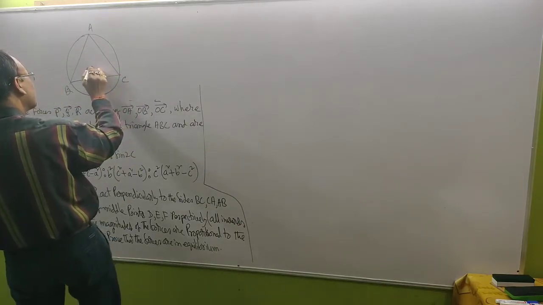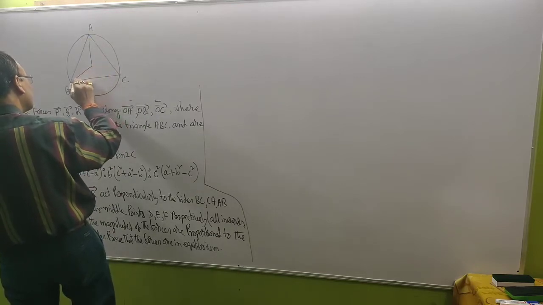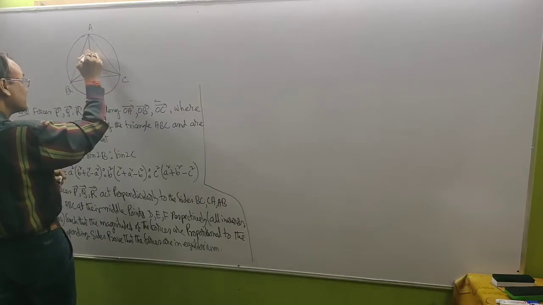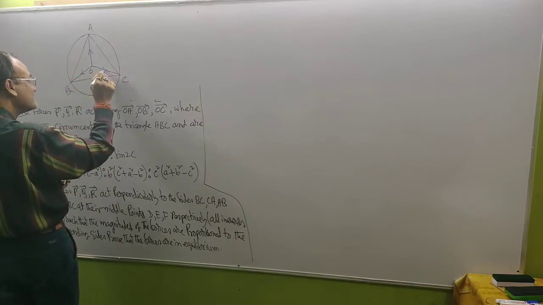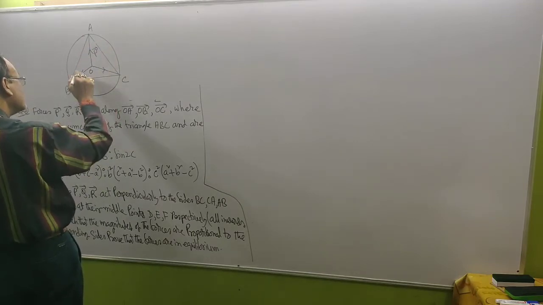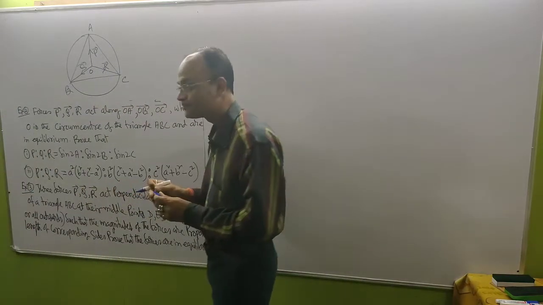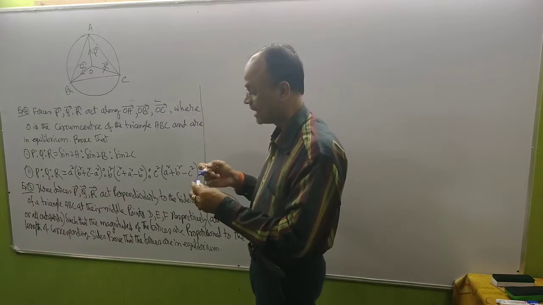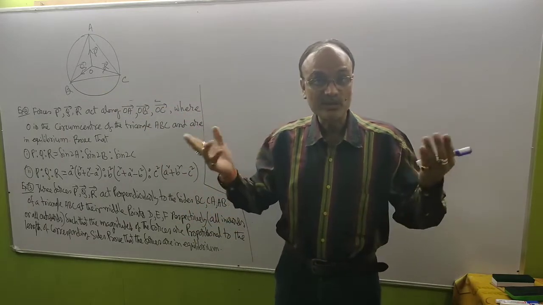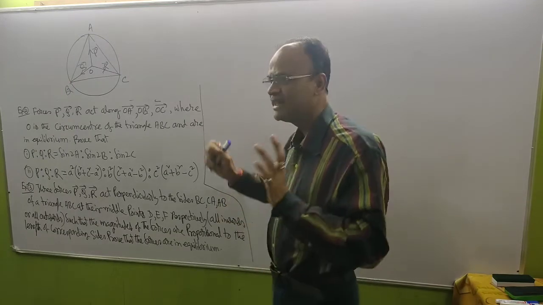P, Q, R are three forces which are acting along OA, OB and OC respectively. O is the circumcenter of the triangle ABC and the forces are in equilibrium.